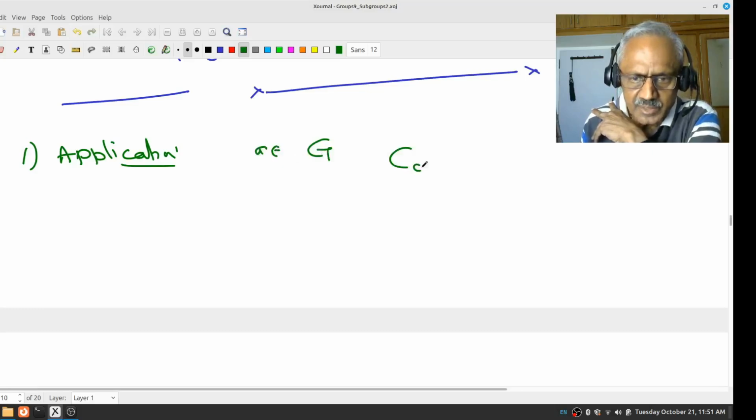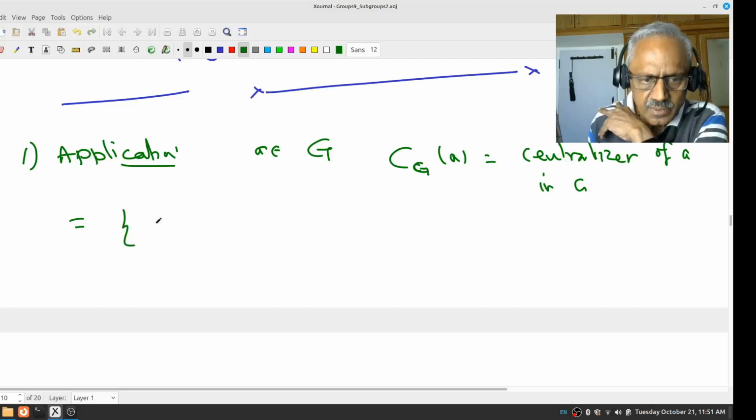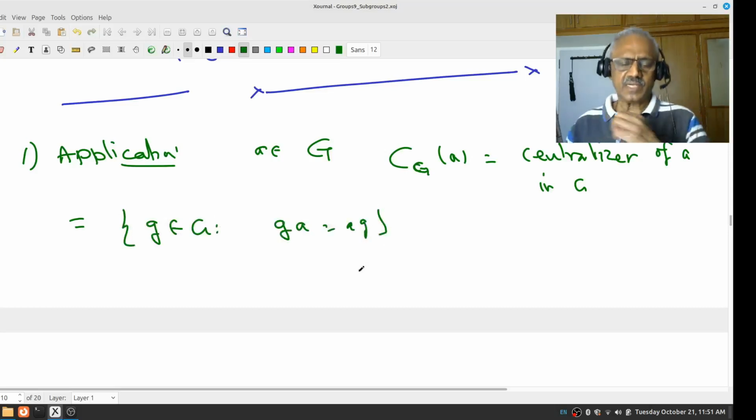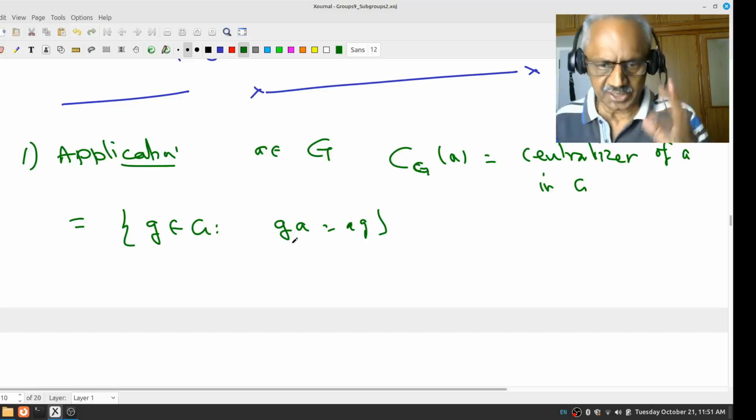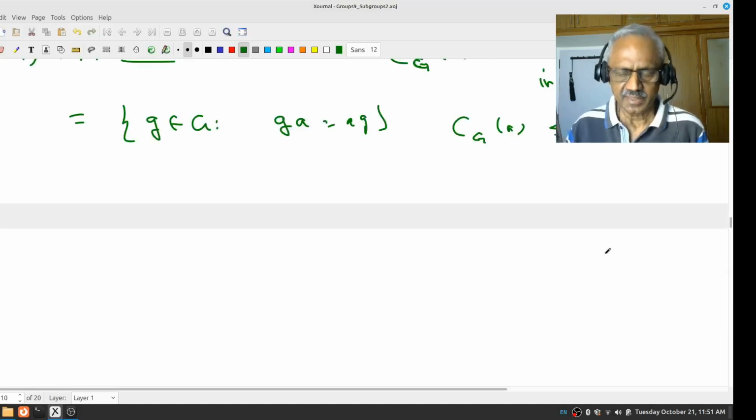Recall we defined what is meant by the centralizer of a in G. The centralizer of a in G, C_G(a), is the set of g in G such that ga equals ag. That is, we collect all elements that commute with a. We have seen that C_G(a) is a subgroup of G. We had already seen it.